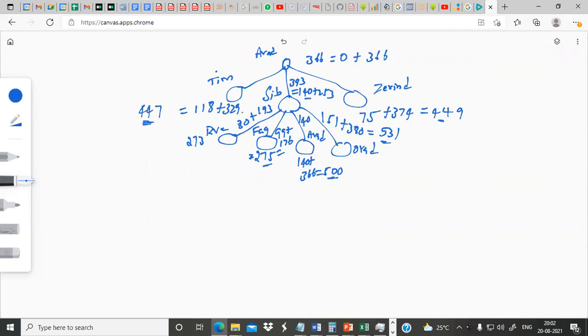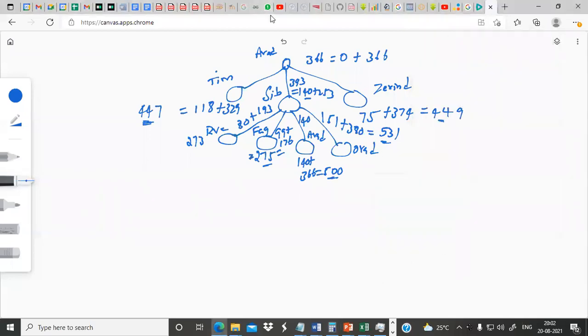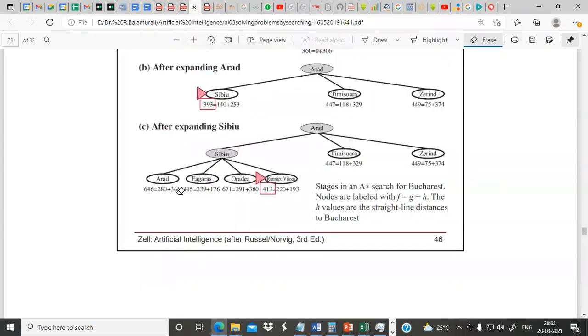So when you add 140 to Rumin Civil CA, what will you get? 273 plus 140, that is 413. So that is how here you got 413, right?